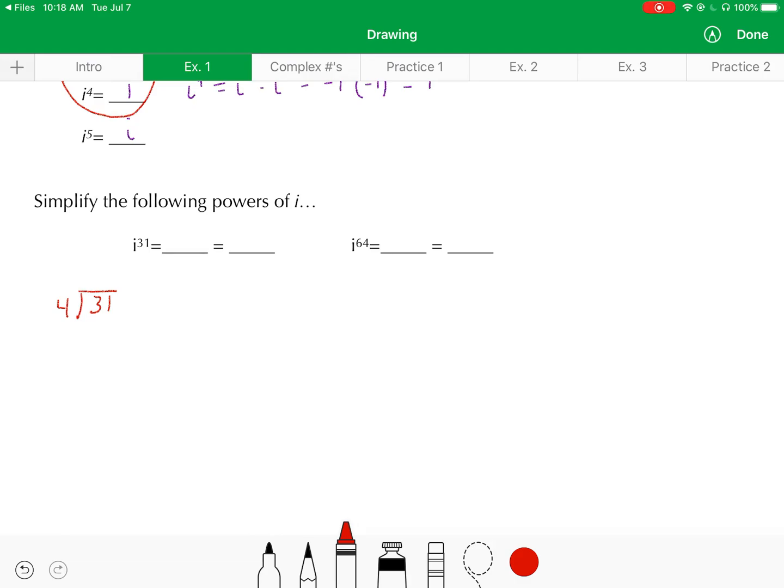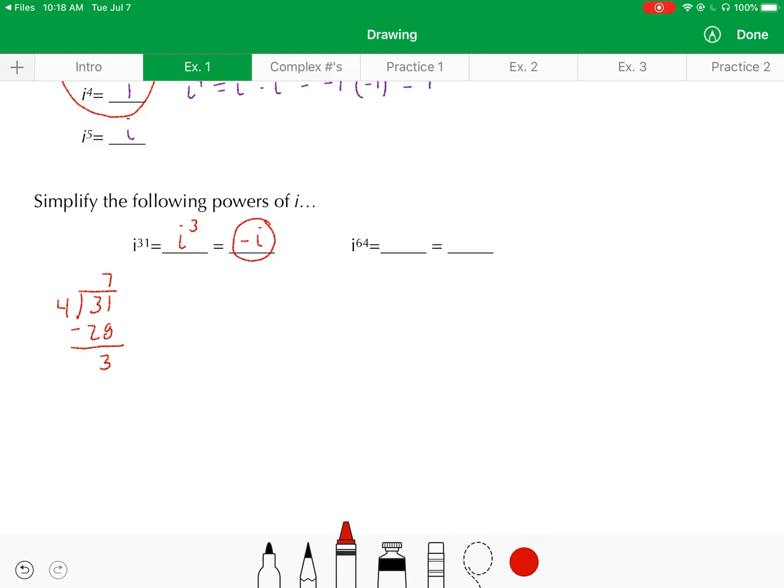So 4 goes into 31 evenly 7 times, right? 7 times 4 is 28, and you'll end up with 3 left over. And the 3 is the important piece here. This means that i to the 31st can simplify to i to the third, which becomes -i in the end.